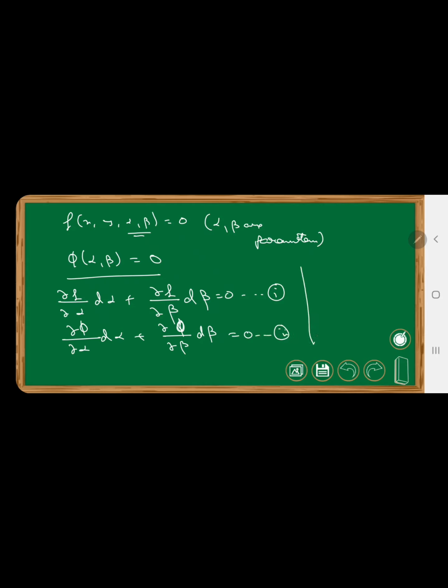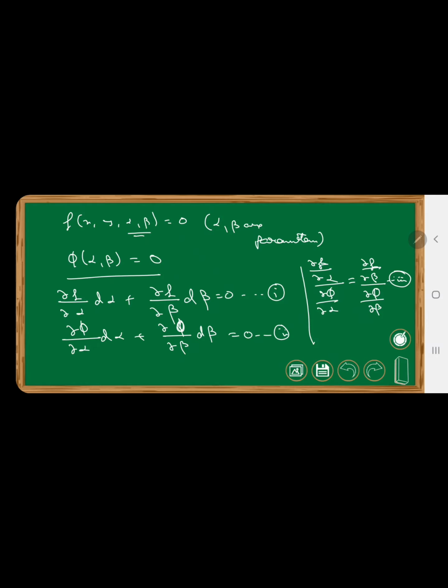And the third equation is given by comparing the coefficients of each of them. So you get partial derivative of f with respect to alpha upon partial derivative of phi with respect to alpha, which equals partial derivative of f with respect to beta upon partial derivative of phi with respect to beta, their ratios. So this is the third equation.